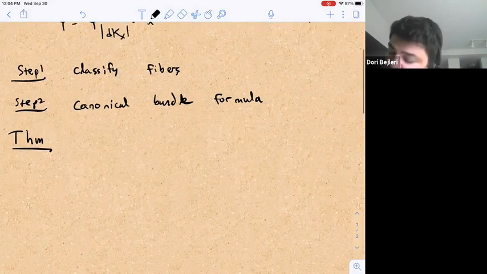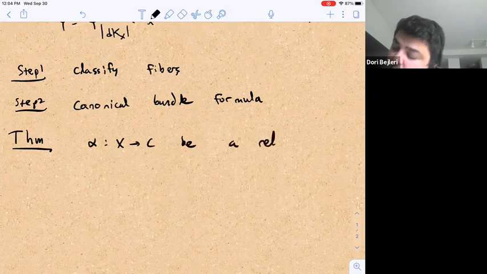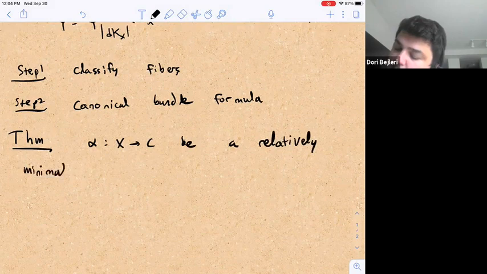So more generally, let alpha from X to C be a relatively minimal, meaning no -1 curves in the fibers, elliptic fibration.